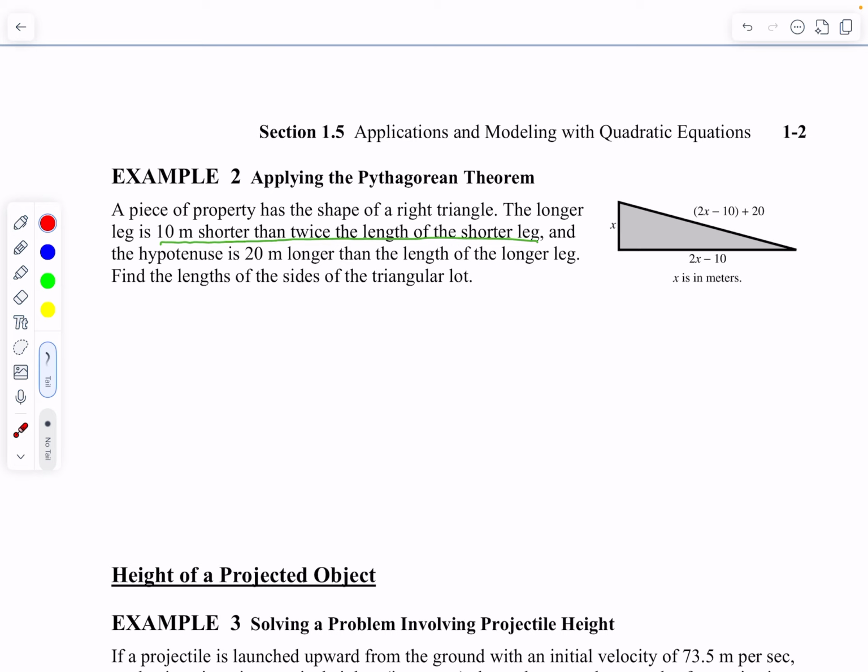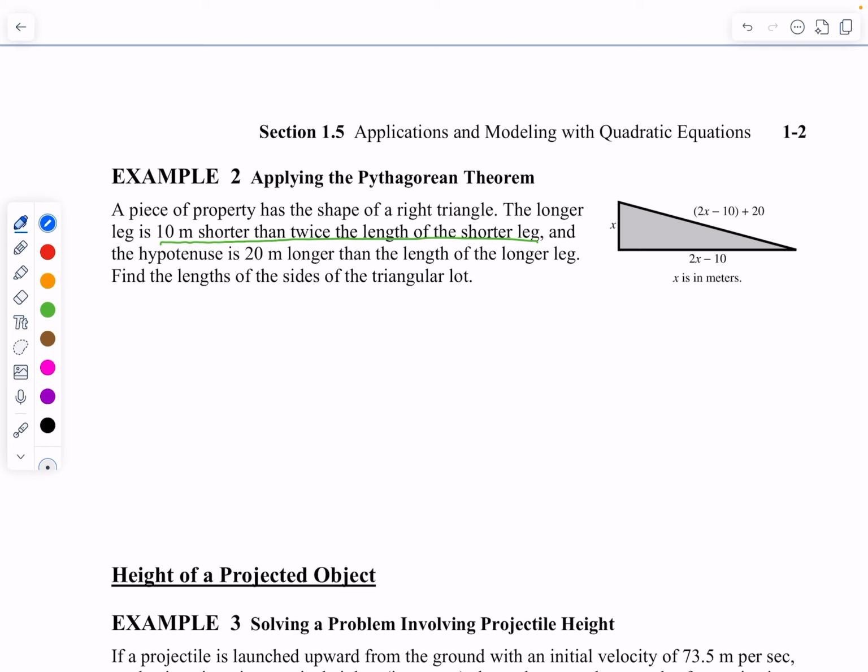And then finally, my hypotenuse, it says the hypotenuse is 20 meters longer than the length of the longer leg. So I put the longer leg, there it is. Put that up there, and then it's 20 meters longer. So that's where I added my plus 20. All right, so now I know that all the sides are labeled.